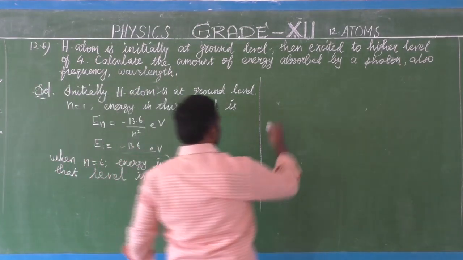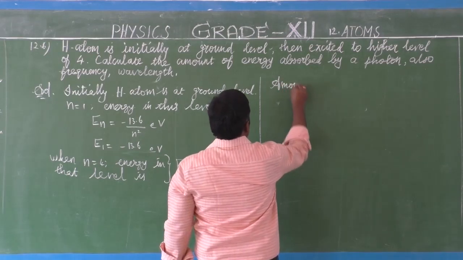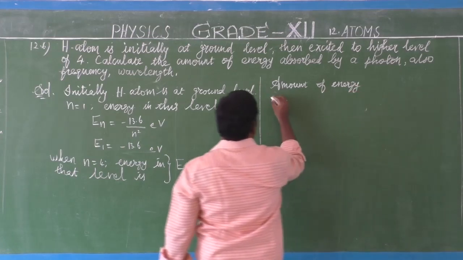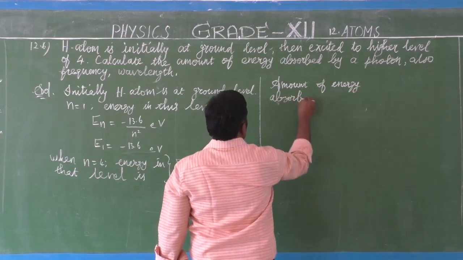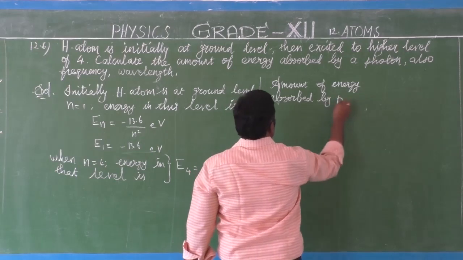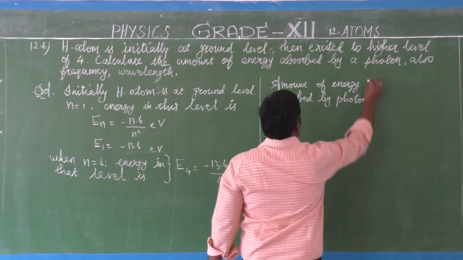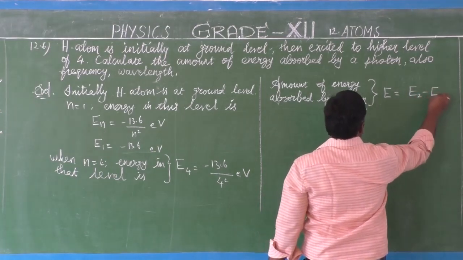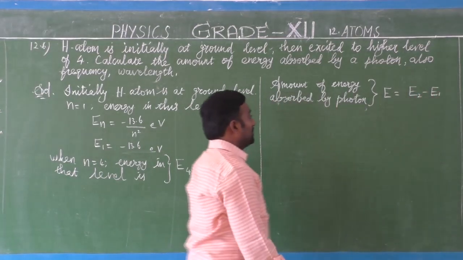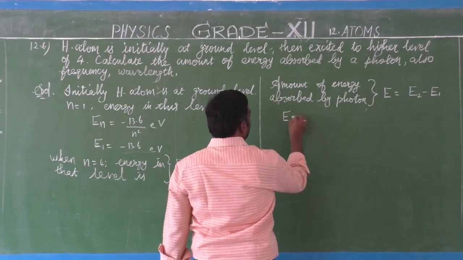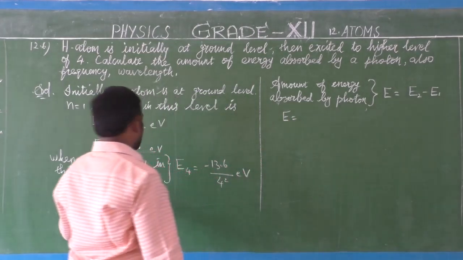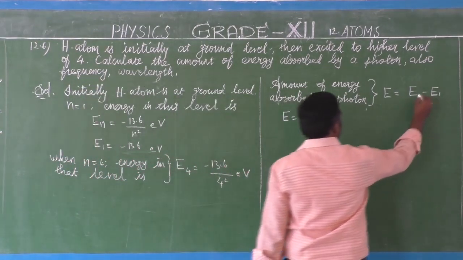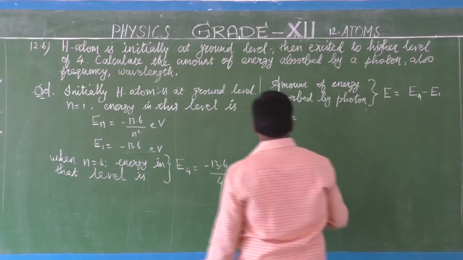So the amount of energy absorbed by the photon, E, is equal to the difference in the energy levels, that is final minus initial. The final level is 4, so we consider E4 minus E1.